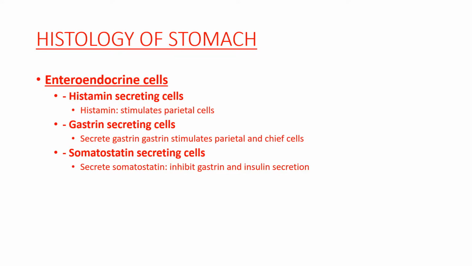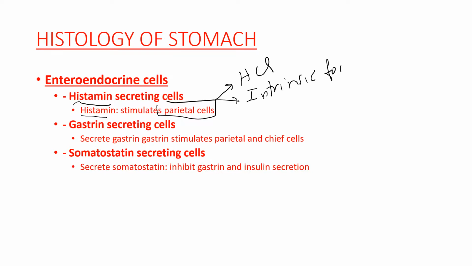Enteroendocrine cells of the stomach are going to secrete paracrine factors and hormones like histamine, which is one of the paracrine factors that stimulate parietal cells. Parietal cells in turn will secrete hydrochloric acid and intrinsic factor. Gastrin is a hormone. Gastrin is going to stimulate parietal and chief cells.